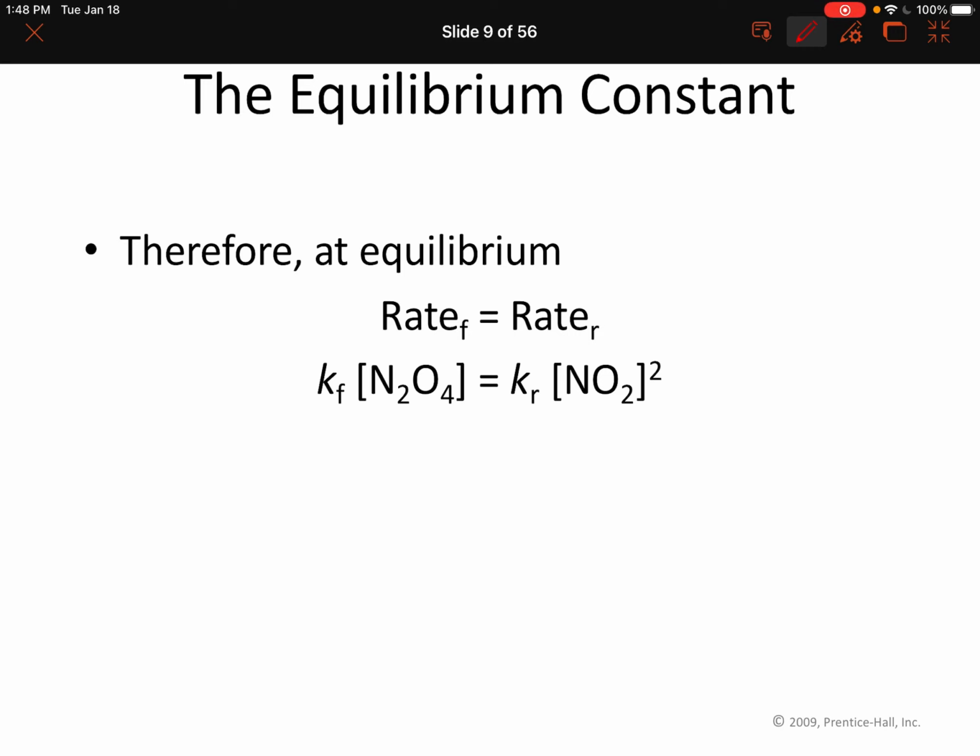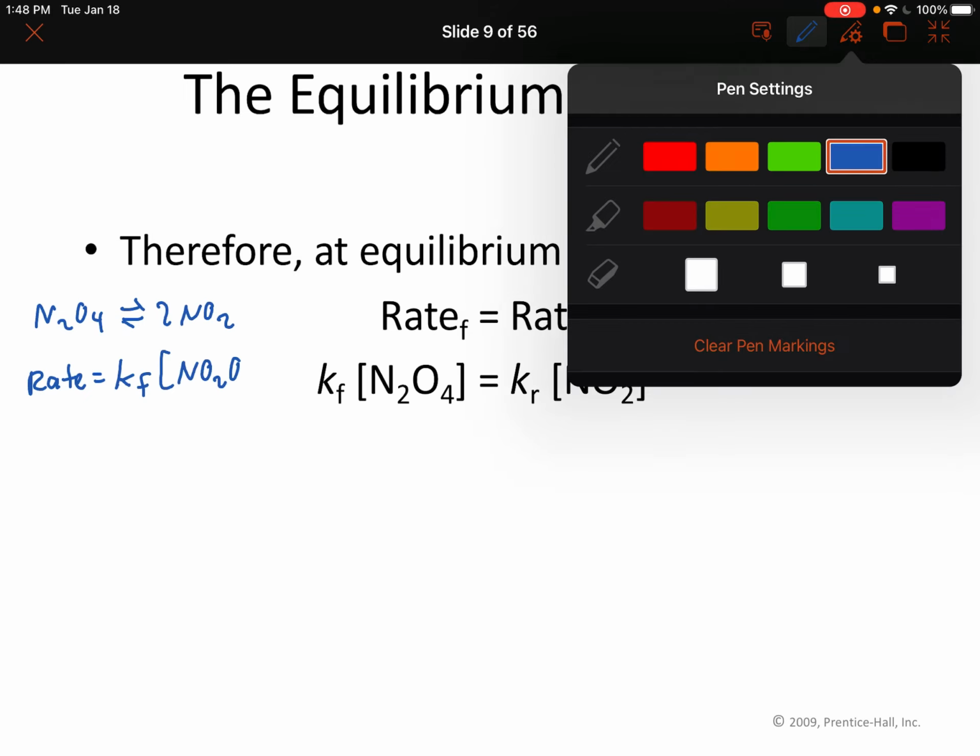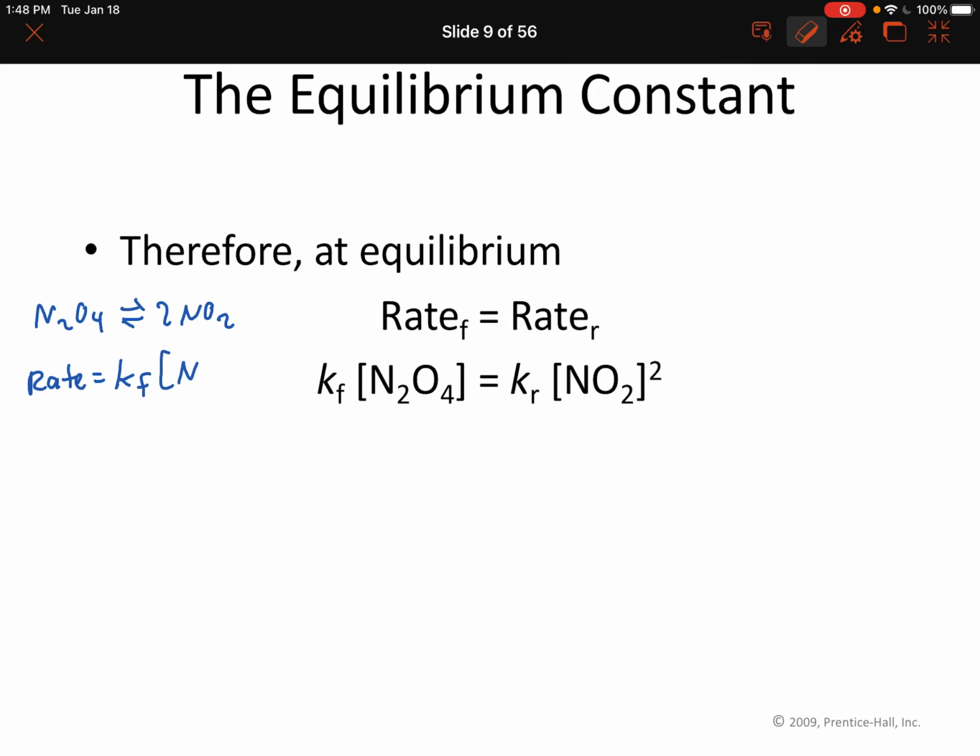So remember the definition of equilibrium: the forward and reverse rates are equal to each other. We just figured out how to express each of those, right? N2O4 makes 2 NO2. The rate is K forward times the molarity of N2O4.